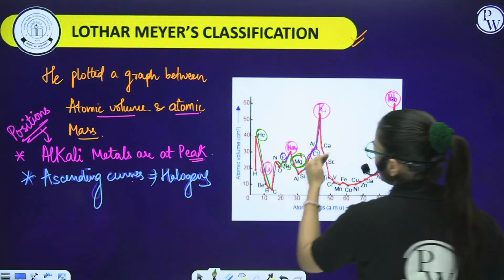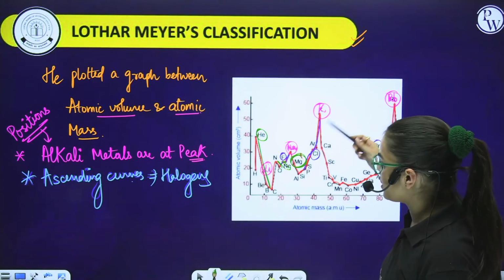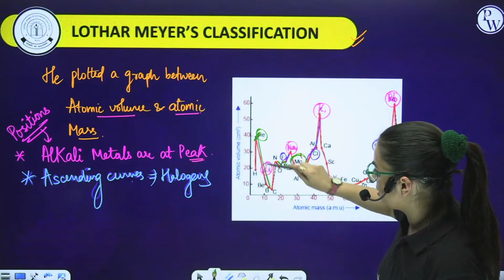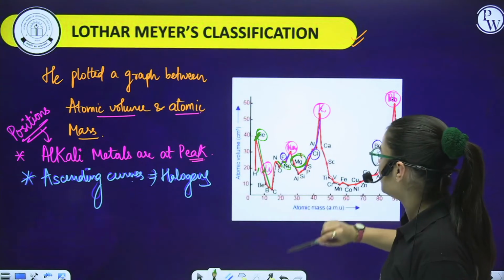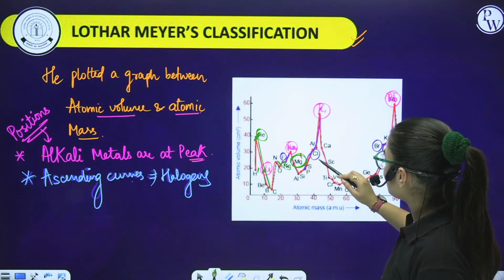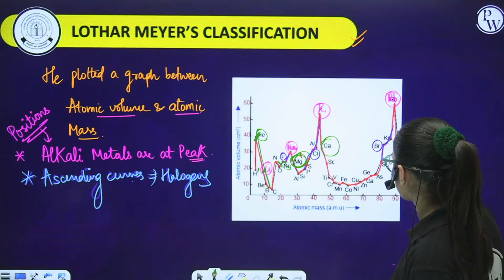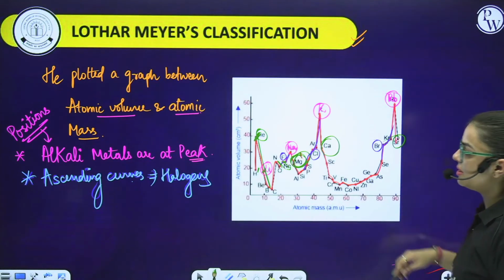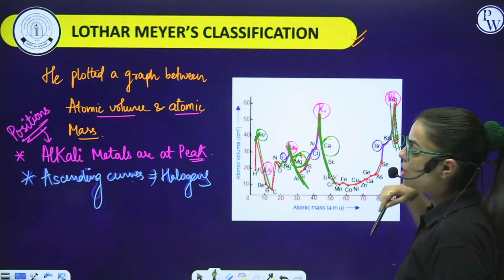Okay. So basically, if you see the descending ones, you can clearly observe which are present at the descending. Helium is present over here. Hydrogen is present over here. Lithium basically is present over here. Basically, it is magnesium, calcium, strontium. These are present at the descending. This is the line for magnesium, this is the line for calcium, this is the line for strontium.